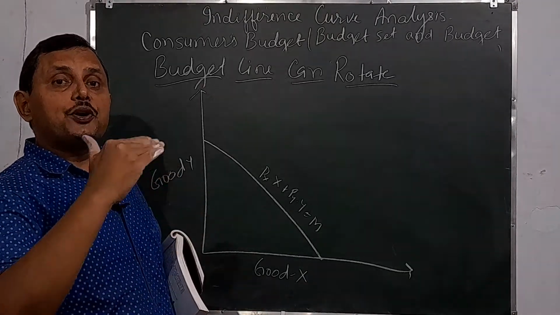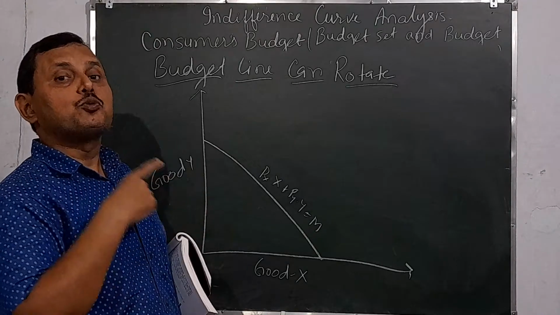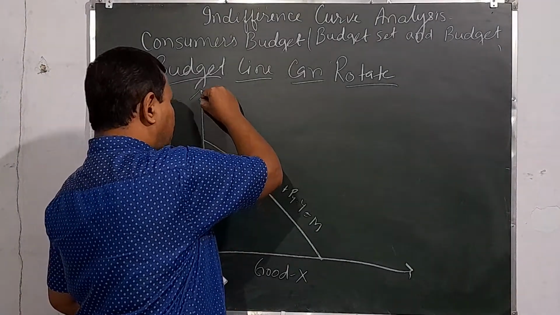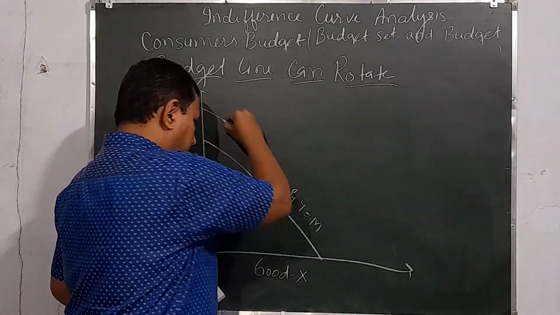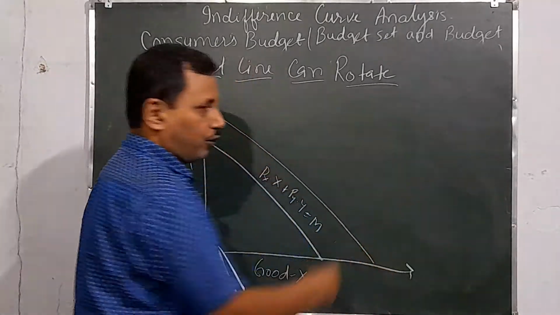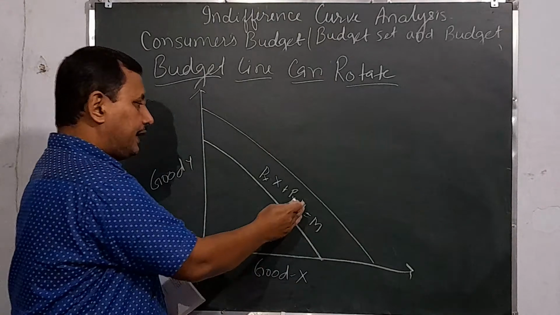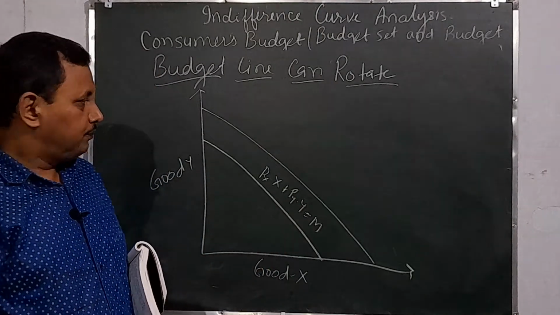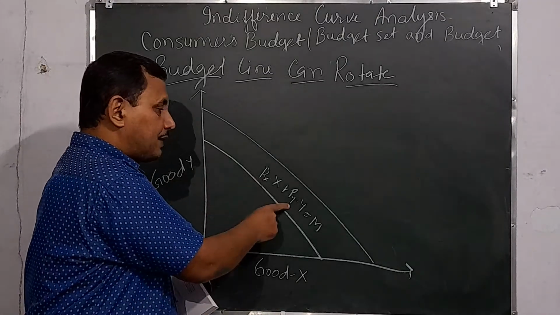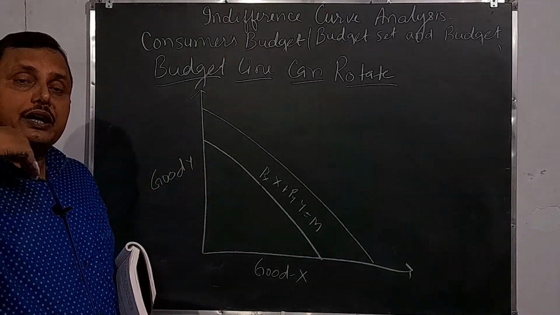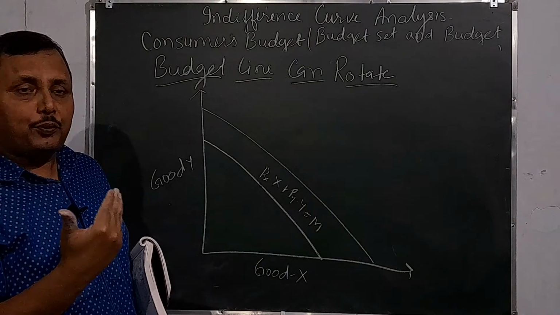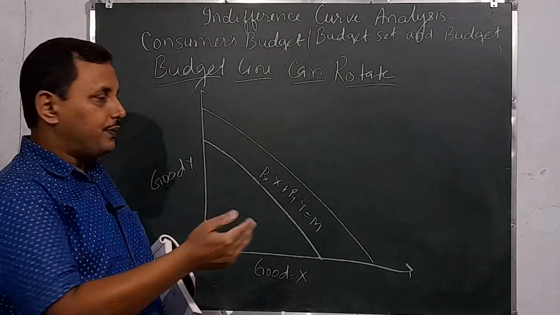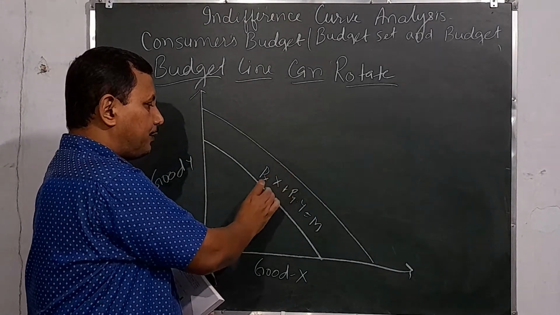The consumer will be able to purchase more quantity of good X as well as more quantity of good Y. So in that case, the budget line will shift forward. And it is not necessary in that case that the budget line will be parallel to the original budget line. Okay, if prices Px and Py both decrease in the same proportion, in that case it will be parallel to this one. If the proportion is different, it is not necessary that this line will be parallel to this line.